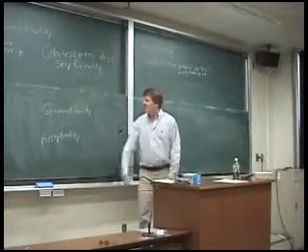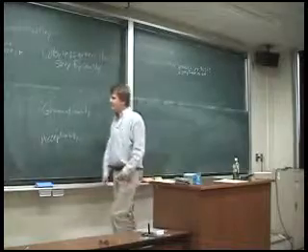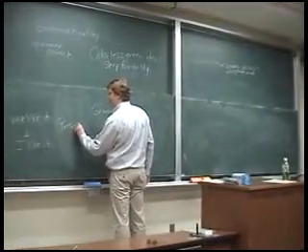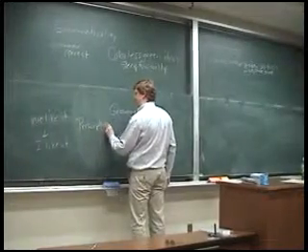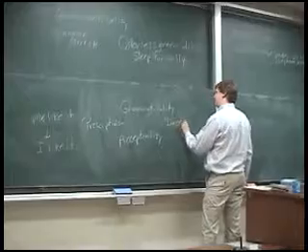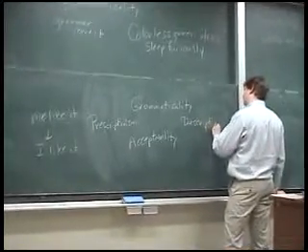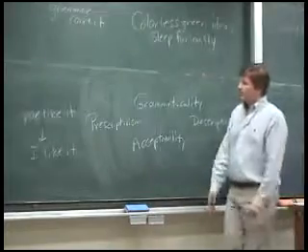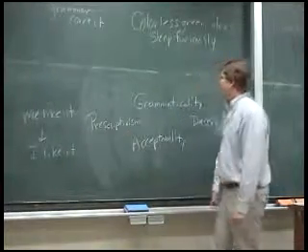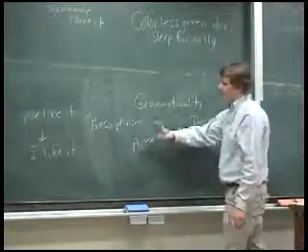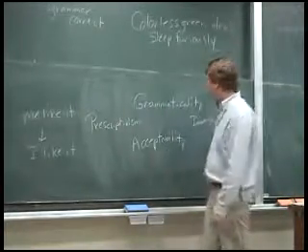So we have grammaticality and acceptability. All right? I like to do it this way, prescriptivism, descriptivism. Okay? Our prescriptivists are on this side. They're often on the grammatical side.